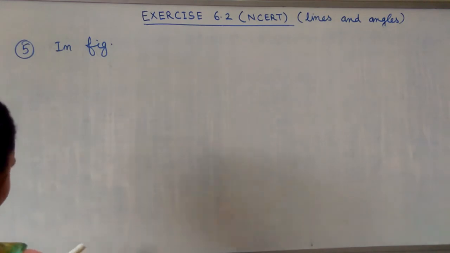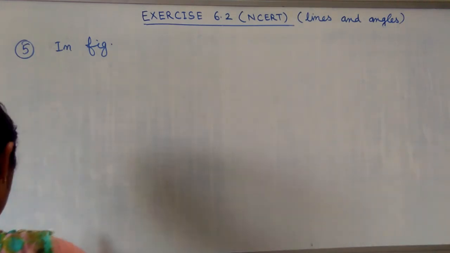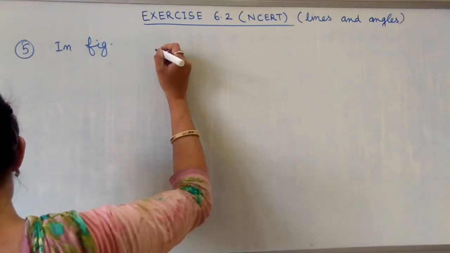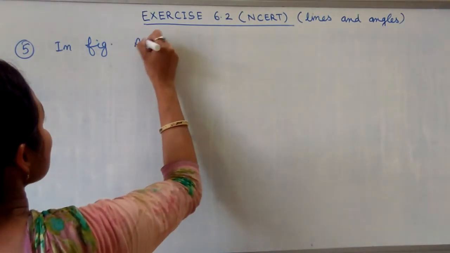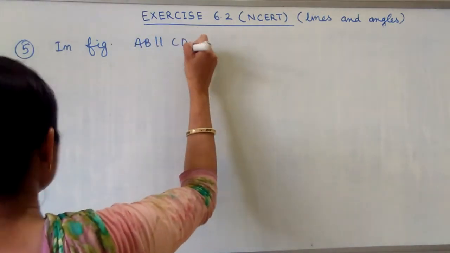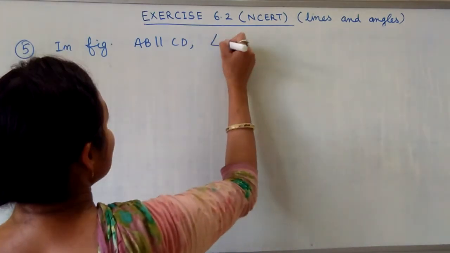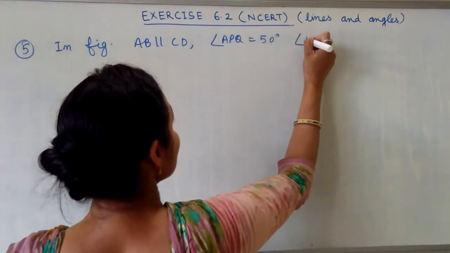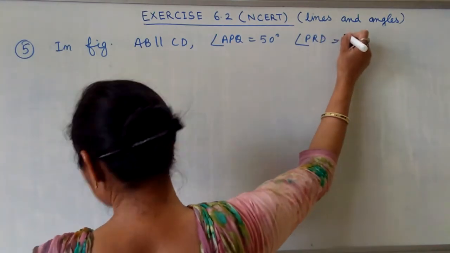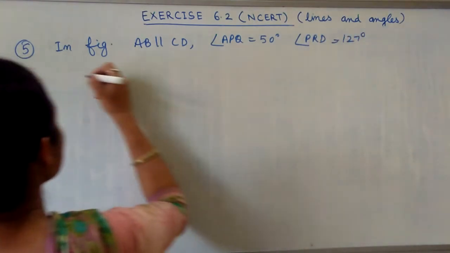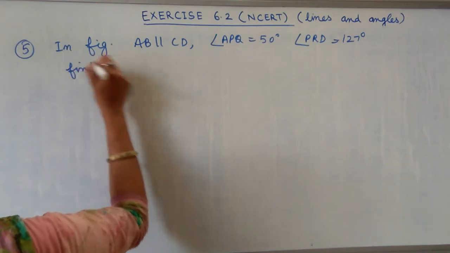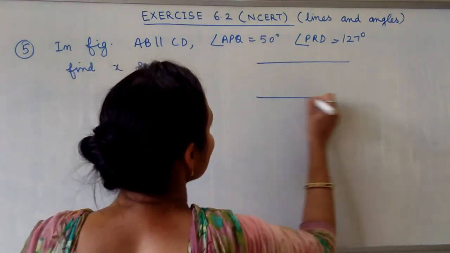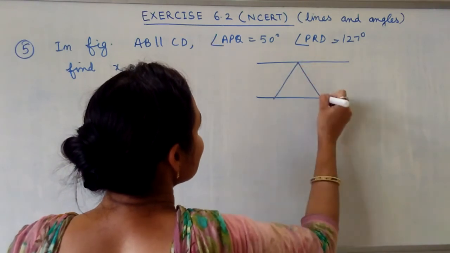The figure is given to you. In the figure, AB is parallel to CD, angle APQ is equal to 50 degrees, angle PRD is equal to 127 degrees. Find x and y. So these are the two lines and one triangle is given to you like this.